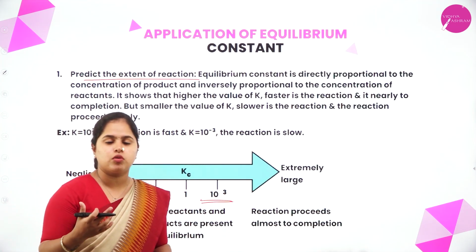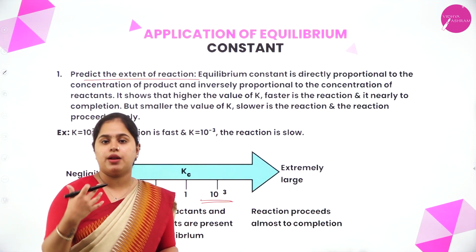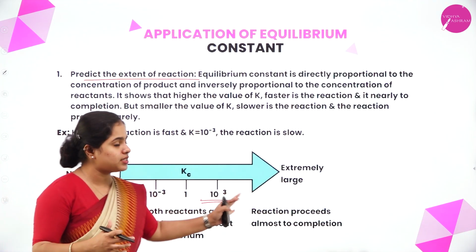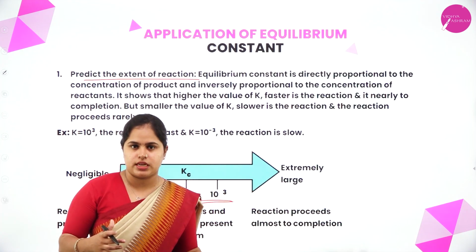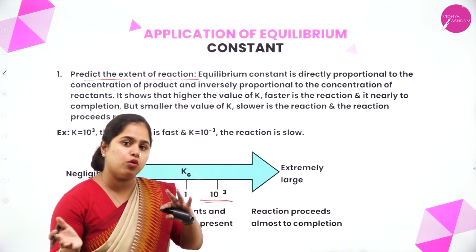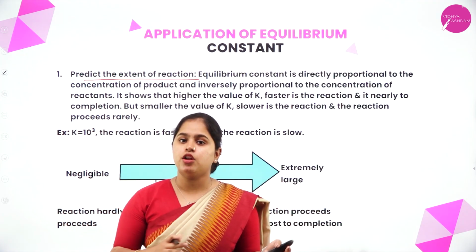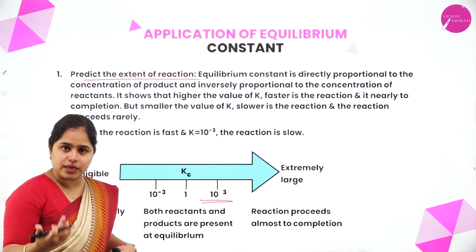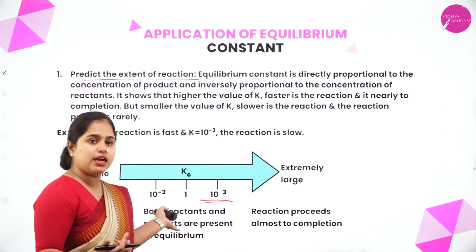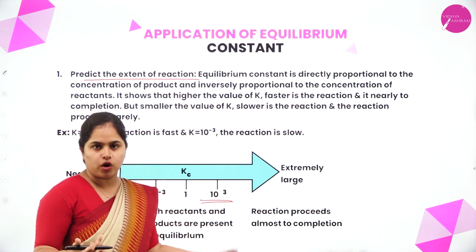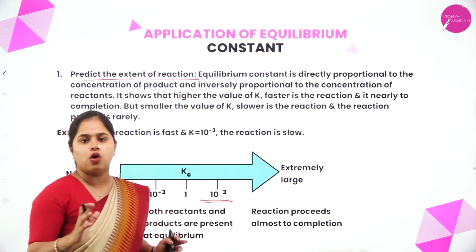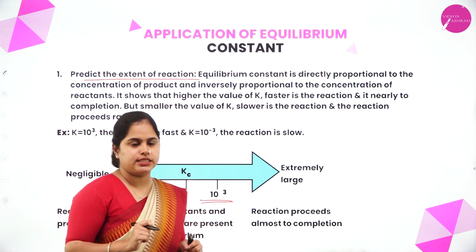If the value of the equilibrium constant is 10 raised to 3 or more, the reaction's extent is towards the product side. That means it is almost near the end of the reaction, or most of the reactants have already been converted into products. So the concentration of the products is more, which indicates the reaction is almost about to be completed.